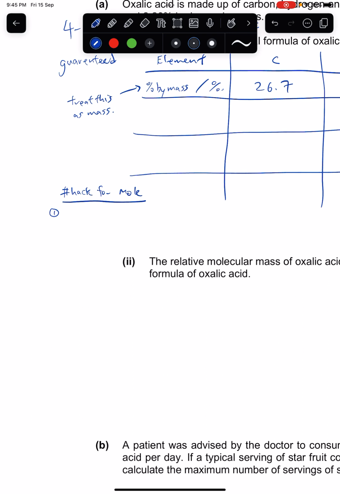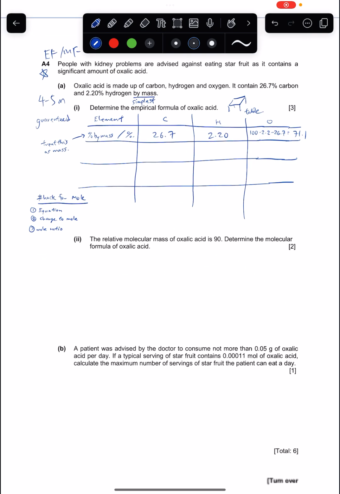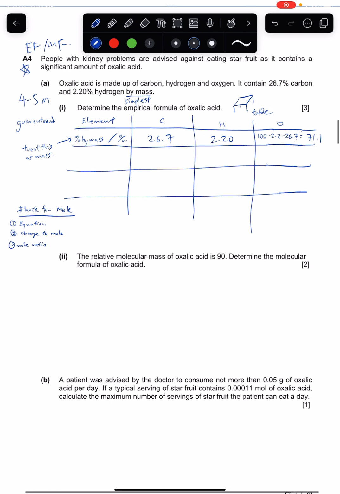So first step, equation, which we don't do for this case because it is not a reaction. So step 1 done. Second step, change to mole. And the last step, you will compare mole ratio, which actually applies here. So your change to mole is here and your mole ratio is here.